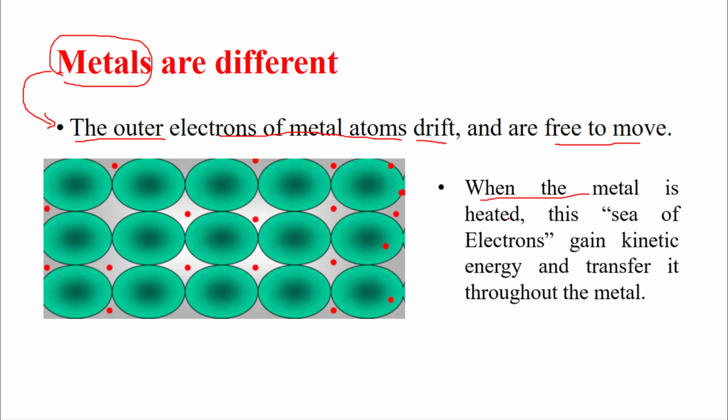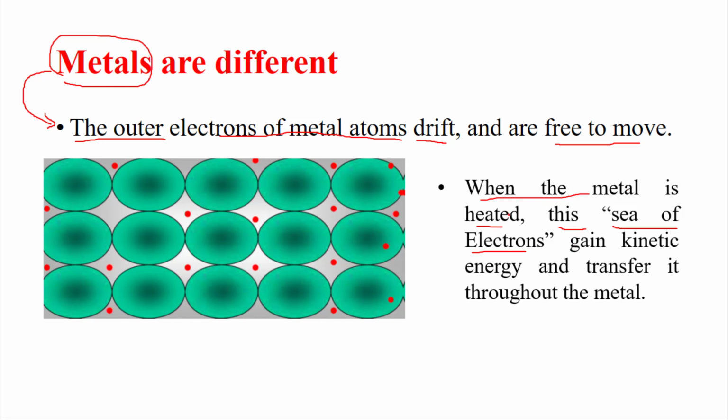So when the metal is heated, the drifted electron from each atom will form a sea of electrons. Okay, every atom has one electron drifted. Then we have a sea of electrons from all the atoms of the solid object.